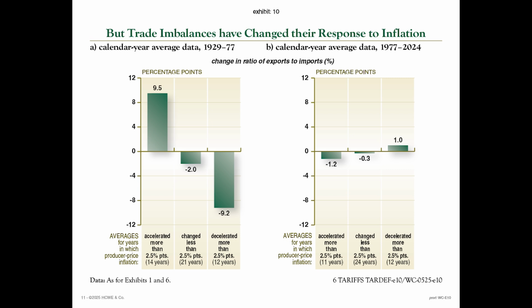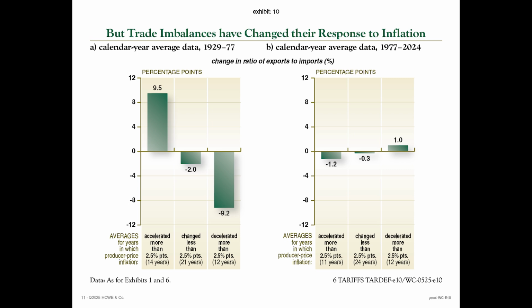On the left, we get the same answer if we estimate how the trade imbalances are related to inflation in the first half of the time frame, roughly from 1929 to 1977. In the right-hand side, we look at the second half of the time frame, which presumably applies to the present, from 1977 to 2024.